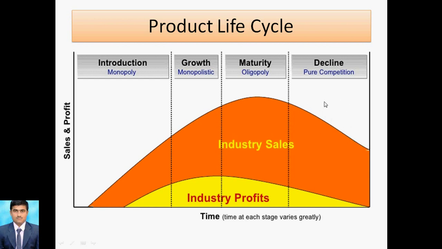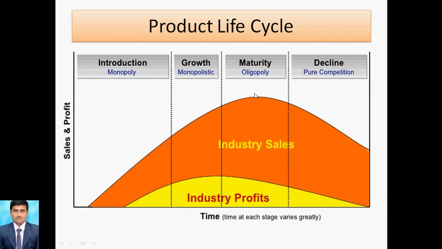After some period of time any product goes to the downside. If you take the example of the Maruti 800, in the initial stage it was unknown to people. After some time it went to the growth stage, where the industrial sale kept increasing. Customers waited a very long time for purchasing the cars.